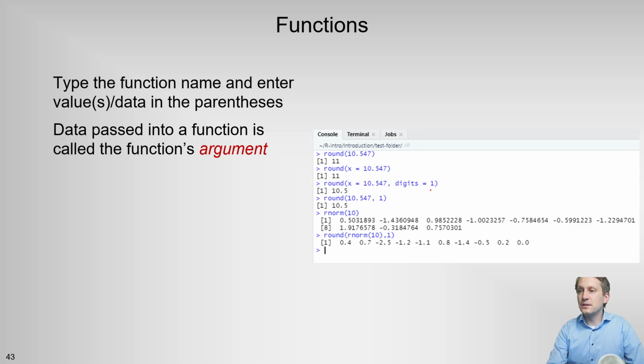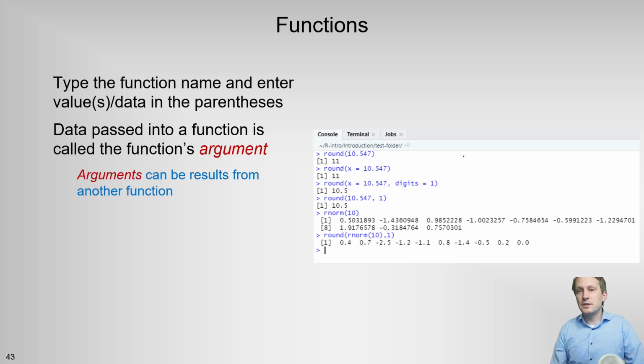So the digits argument tells round to how many digits it is supposed to round. It seems to default to 0. So arguments can have default values: if you don't specify the argument, it falls back to the default value. You can check the documentation of a function to find out what the arguments are and if there are any defaults for each of those arguments.